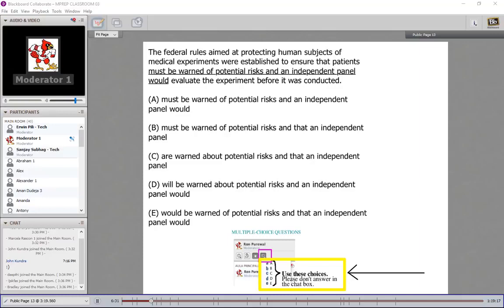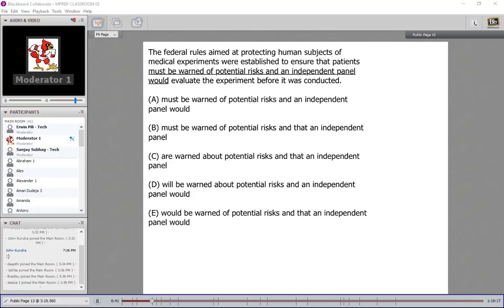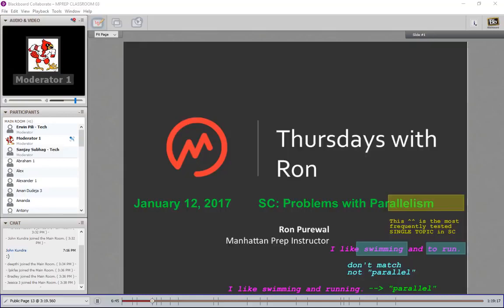Okay, this problem's kind of a warm-up of sorts. You can think of it as an intro, especially given that we have announced that we are talking about parallel structure today. Parallelism. Whether things that are supposed to match, do they match or not? This is basically a thing.